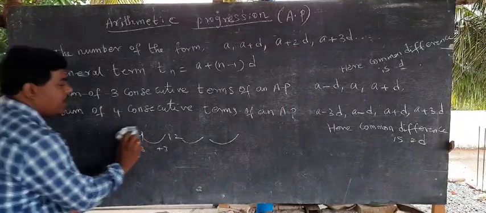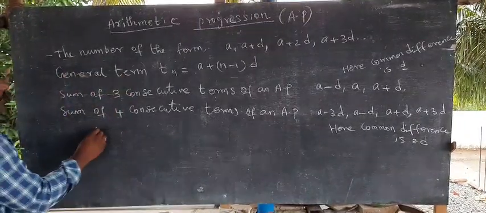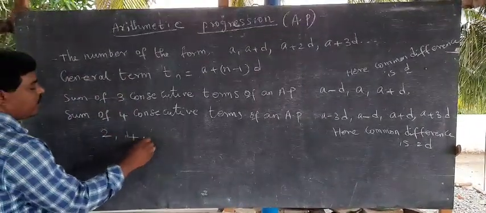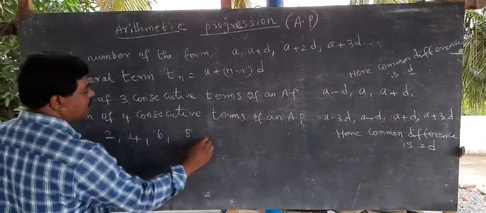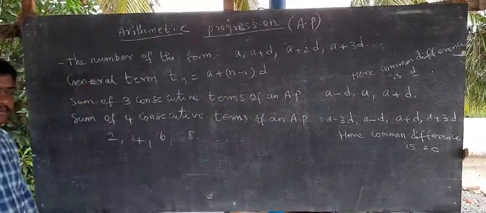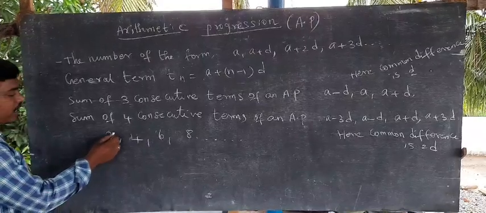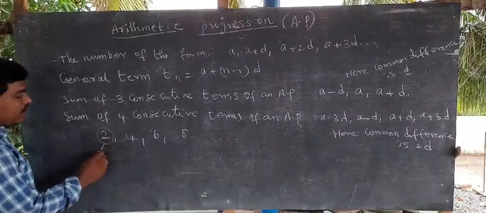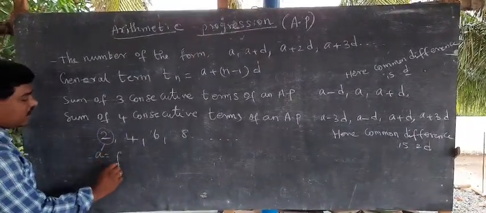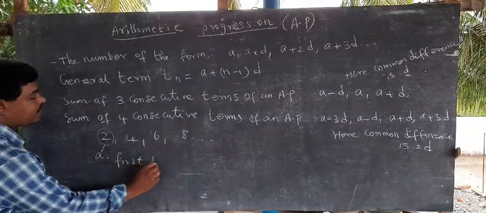So listen. For example, 2, 4, 6, 8 and so on, the terms go on. The given first number is called A, the first term.